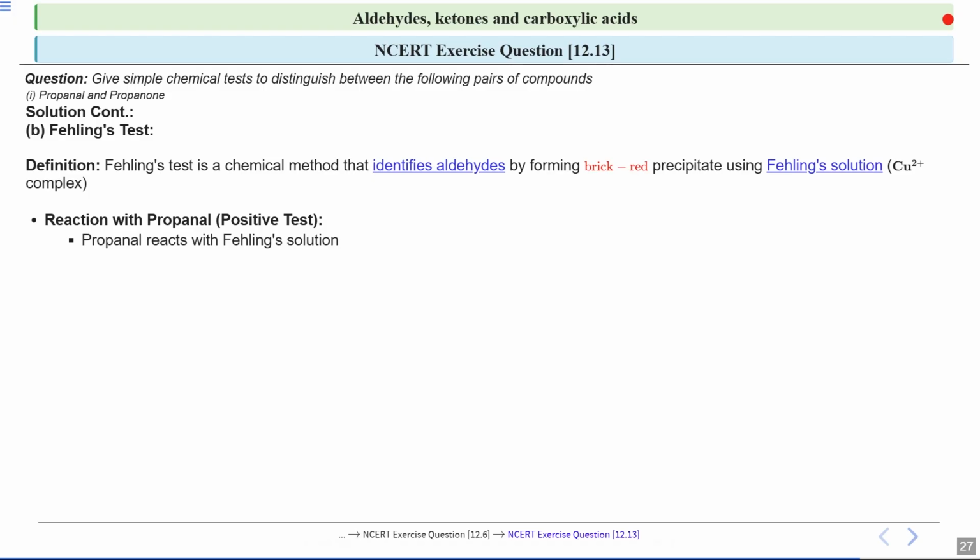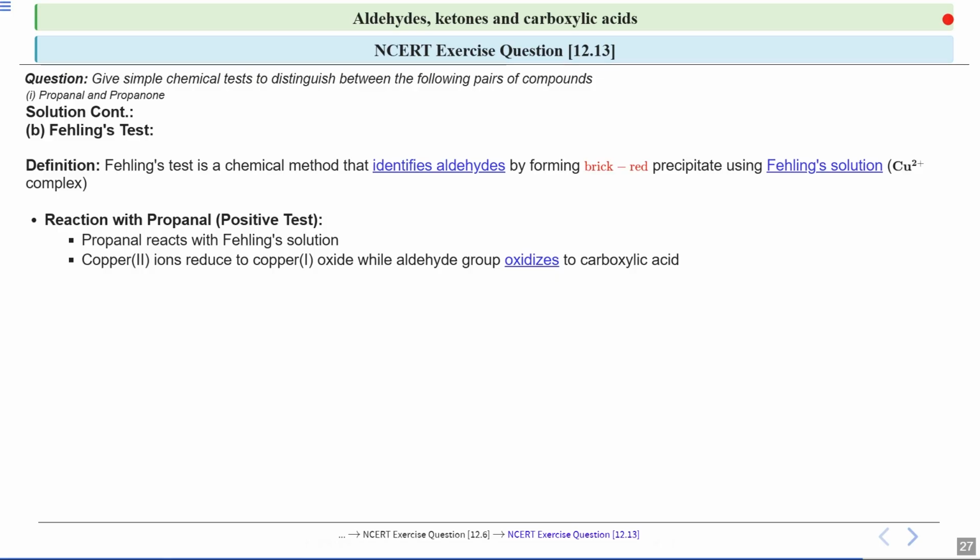So when propanal is added to Fehling's solution, you will see that propanal has an aldehyde group, which is a CHO group. During this reaction, the copper ions in the solution are reduced from copper 2 to copper 1 oxide. At the same time, the aldehyde group in the propanal is oxidized to carboxylic acid.